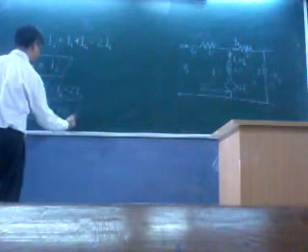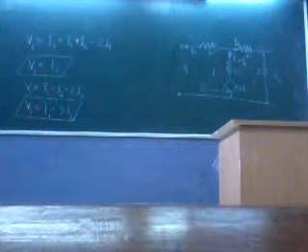So V1 is equal to I1 minus 3I2. So we have got two equations: V1 equal to I2, and V1 is equal to I1 minus 3I2.